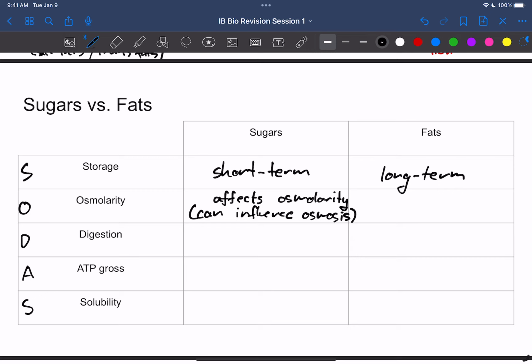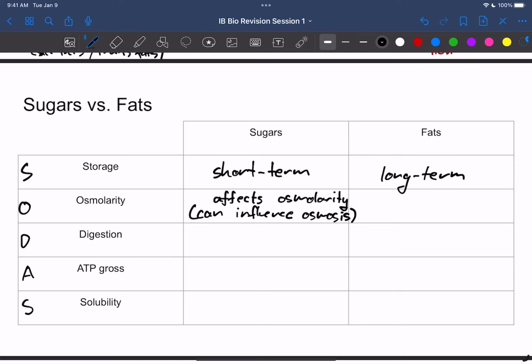And this basically means sugar is able to influence osmosis. If your cell has a lot of sugar, but there's not very much sugar in the blood, your cell is going to fill with water to balance the concentration. And that's going to create a bloated cell. So that's what I mean by osmolarity.